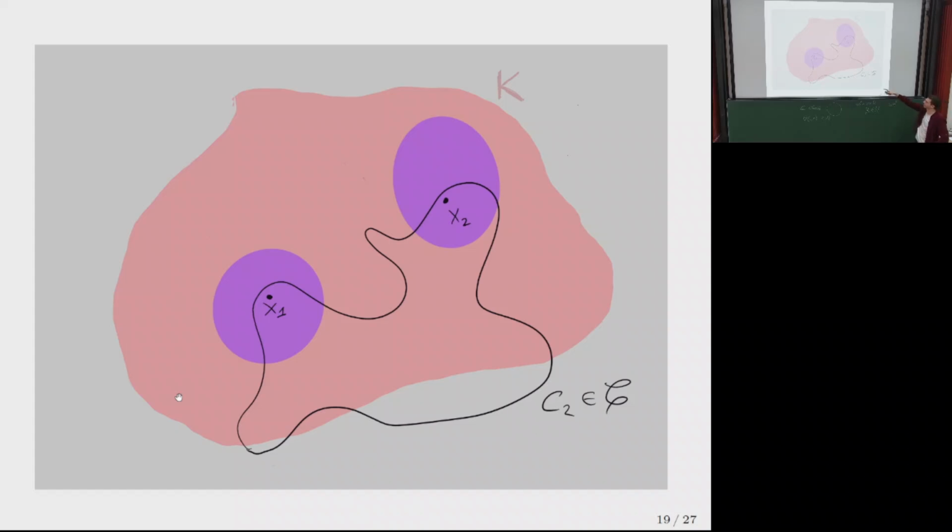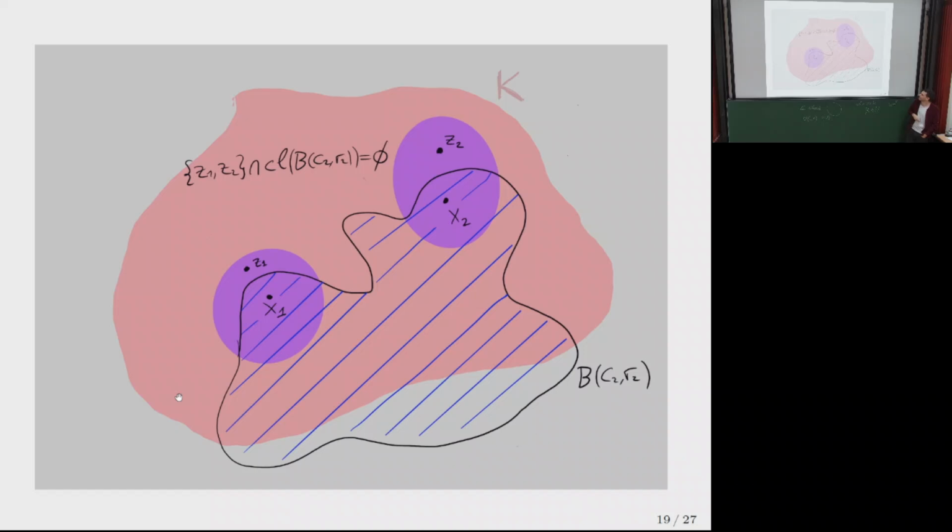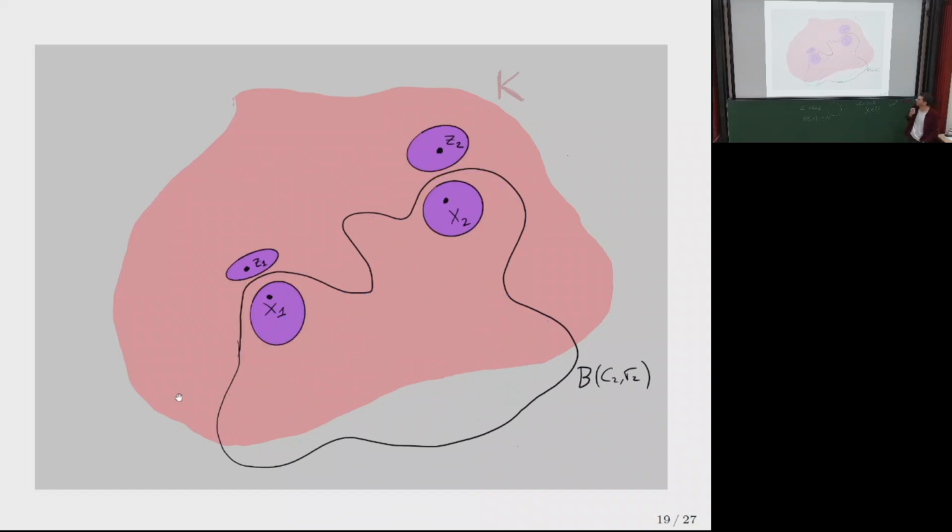So again, in these two open sets, you have to be able to find points that are not in X. And now, once again, because C2 is closed, you pick a radius that is small enough to satisfy that set 1 and set 2 are not even in the closure of these open sets. And there you have it again. Our two open sets become 4.